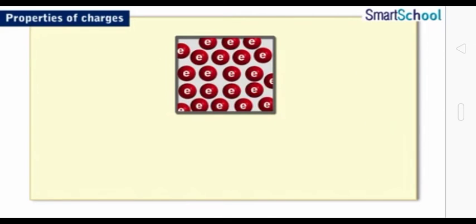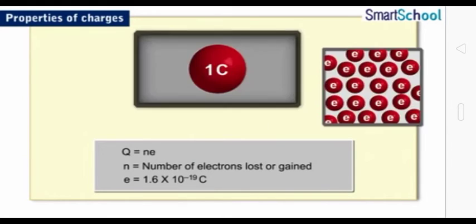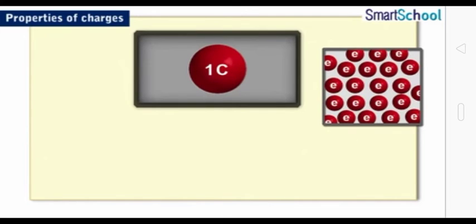Thus, the charge on an object Q is equal to the product of the number of electrons gained or lost by it, n, and the basic unit of charge, e. Now let us calculate the number of electrons 1 coulomb of negative charge carries.